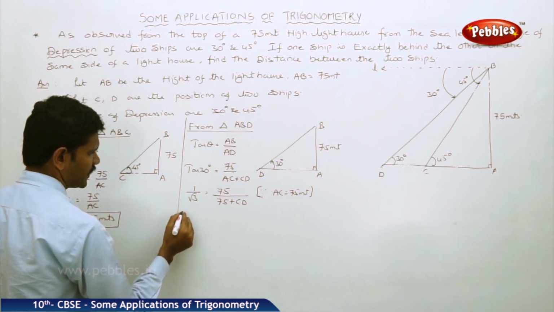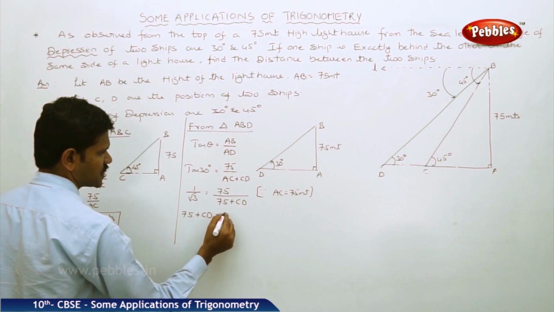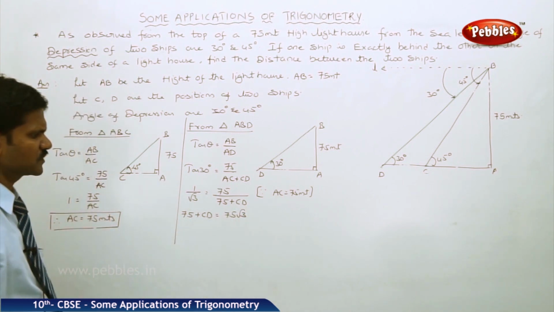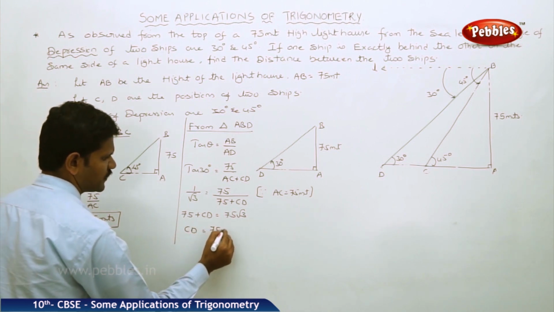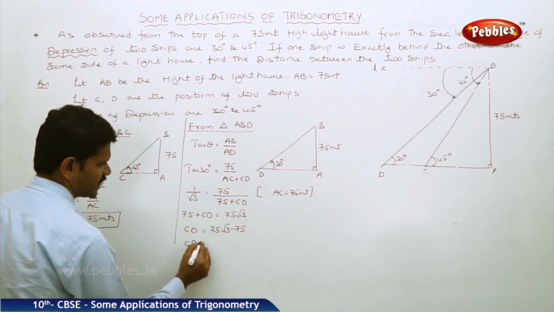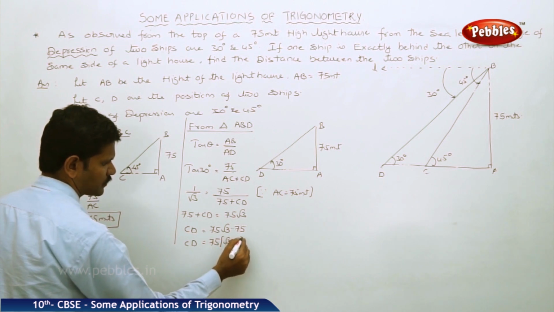Now cross multiply. 75 plus CD is equal to 75 root 3. CD is equal to 75 root 3 minus 75. CD is equal to, take 75 common, that is 75 into root 3 minus 1.